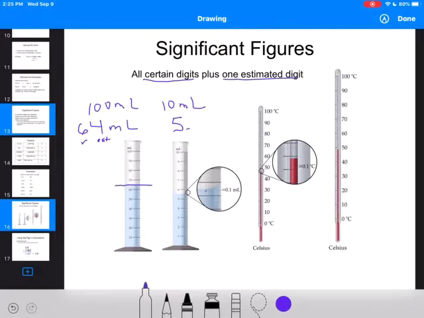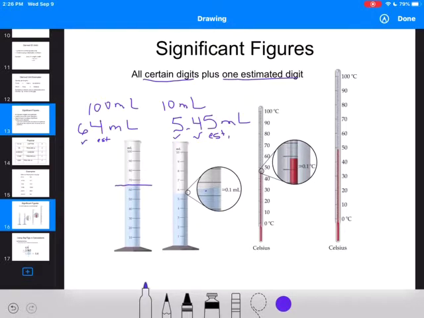So I've got 5.4, I know that for sure, and I want to say it's about halfway between 5.4 and 5.5, so my estimated digit is going to be that halfway point, and I'll call that a 5 because that's halfway. So I knew my ones place for sure, I knew my tenths place for sure, and I estimated my 100ths place. Again, this unit is milliliters.